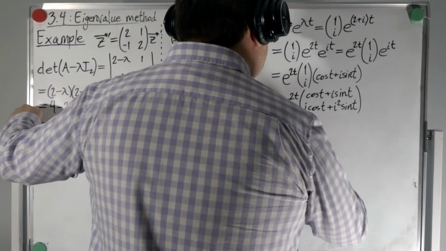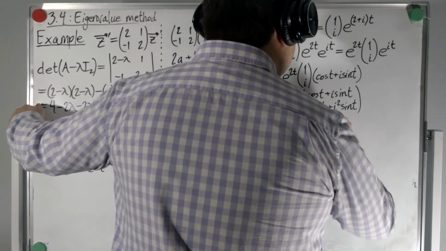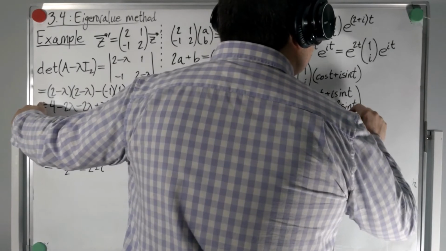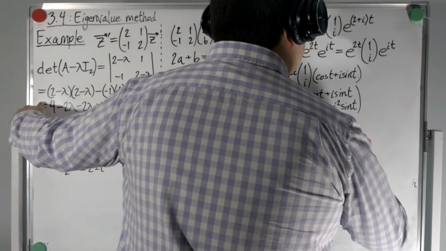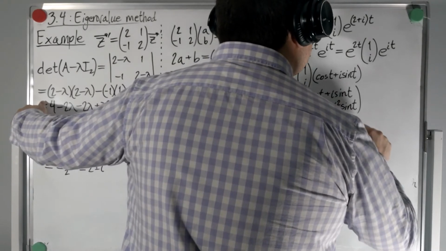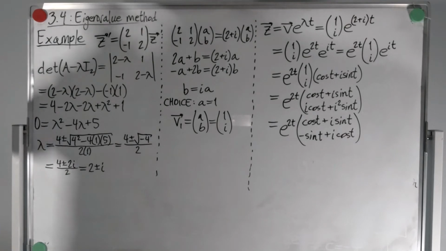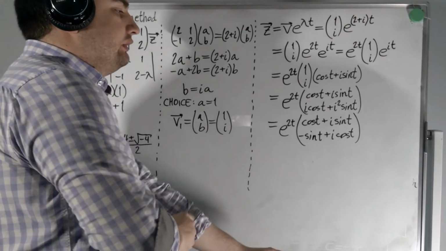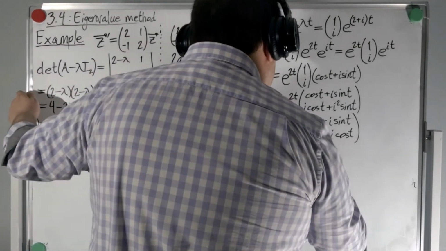So this becomes e to the 2t times (cosine of t plus i sine of t, negative sine t plus i cosine t). Separate this into two vectors, one for the real part and one for the imaginary part.